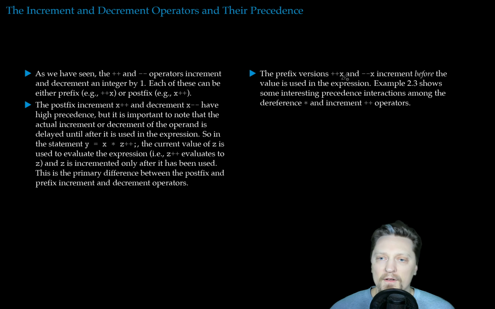The prefix versions, ++ and --, increment before the value is used in the expression. Example 2.3, which will be on the next page, shows some interesting precedence interactions among the dereference and increment operators.